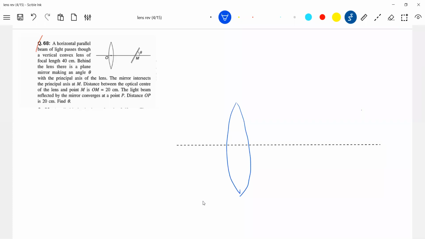Then we have a mirror. What will happen to the rays after the light beam? The distance OP is 20 centimeter. Find theta.